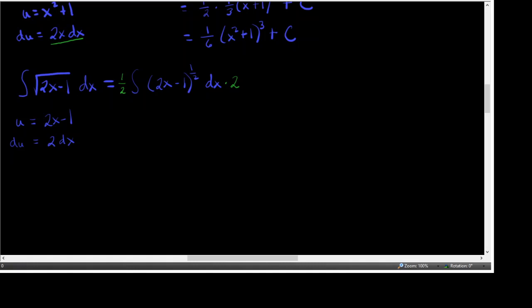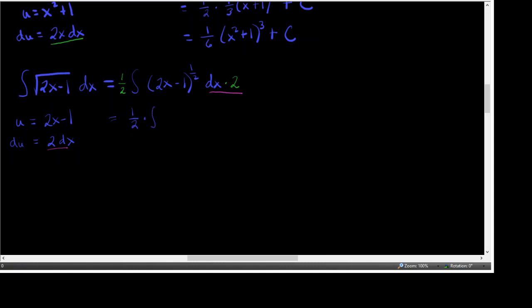I'm just going to start with the number I need, 2, inside and its reciprocal outside of the integral. That will help speed the process a little bit. So I now have everything I need. I now have my du, and so I'm ready to integrate. Make sure you pull that 1/2 down, and then the antiderivative of something to the 1/2. Oh, I'm sorry, I'm getting ahead of myself.